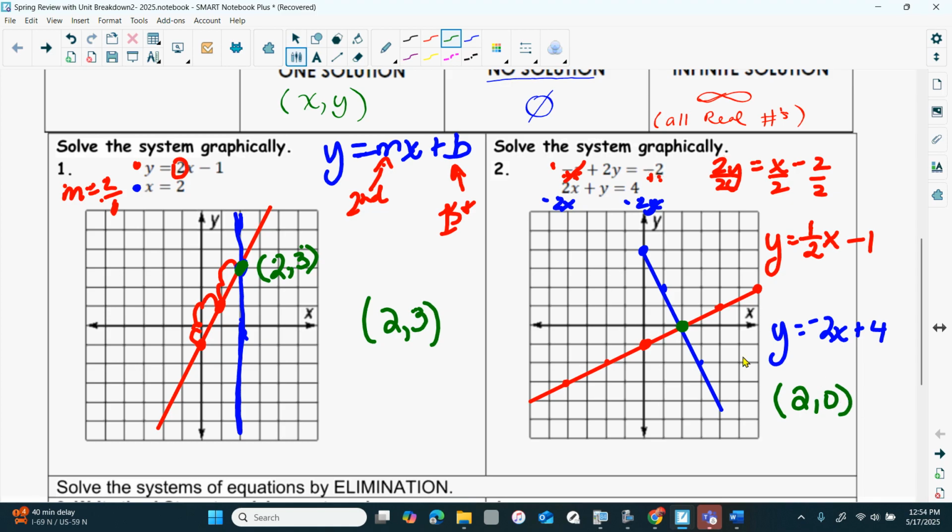Now, don't forget, if you can put the equation in slope-intercept form, so I'm just talking about these equations, you can let the calculator find the intersection if you don't feel comfortable graphing on the actual coordinate plane here.